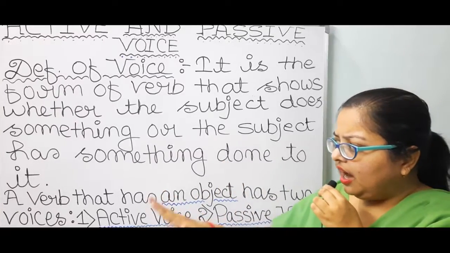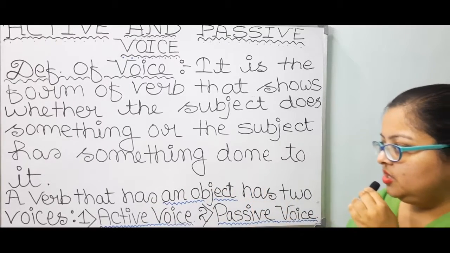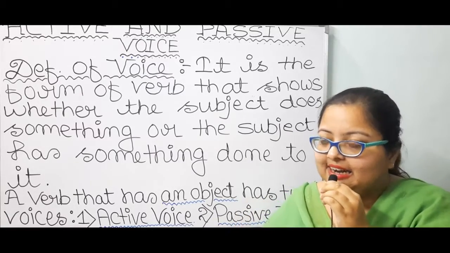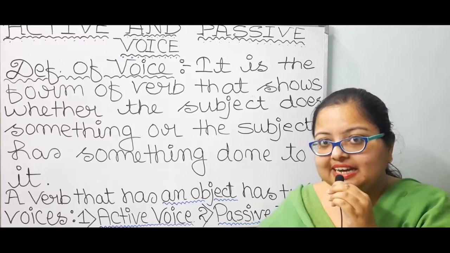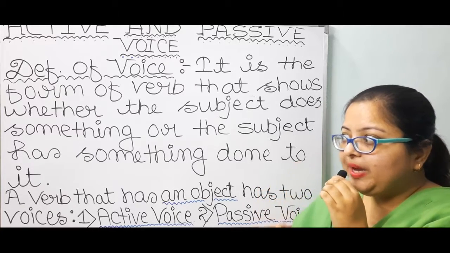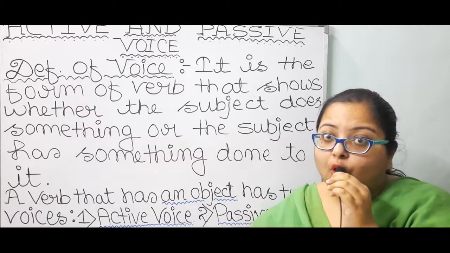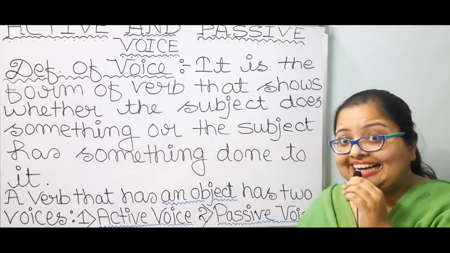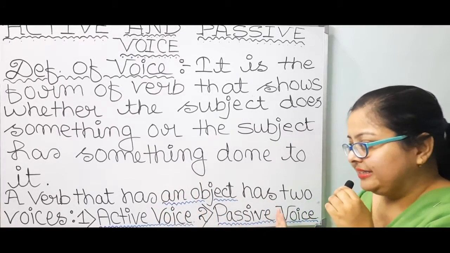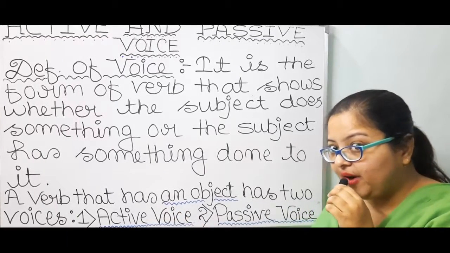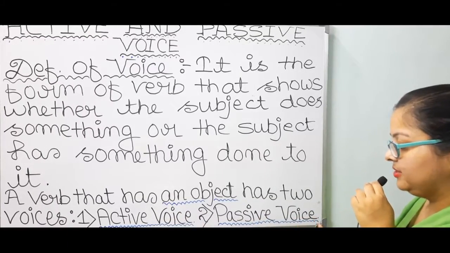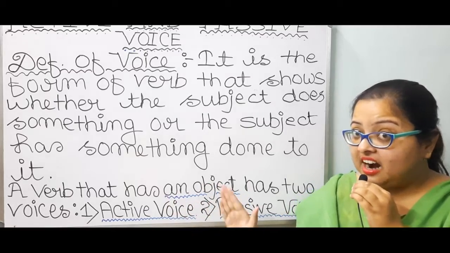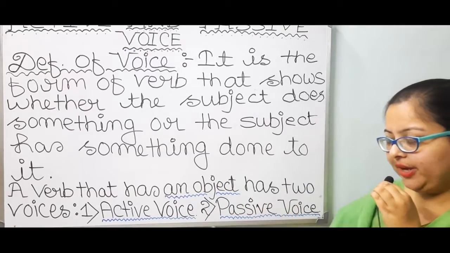Next, a verb that has an object. So in a sentence where you are going to get an object at last, specifically a verb that precedes an object has two voices.